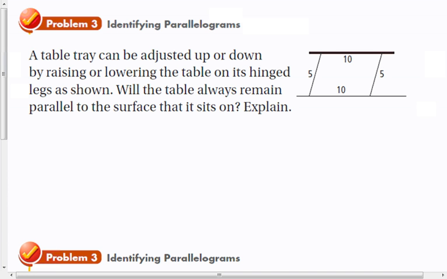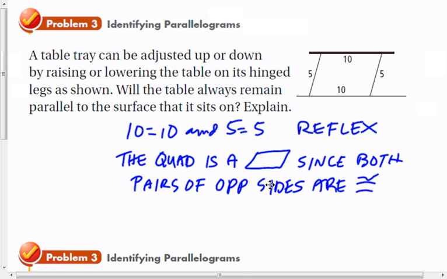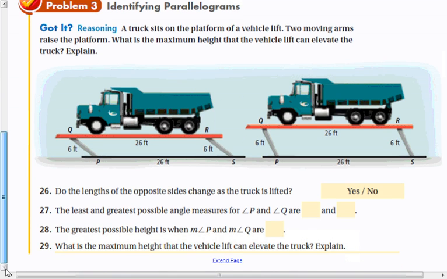And so 10 is equal to 10 and 5 is equal to 5 by reflection property. And so now we can say the quadrilateral is a parallelogram since both pairs of opposite sides are congruent. All right, you try this one.